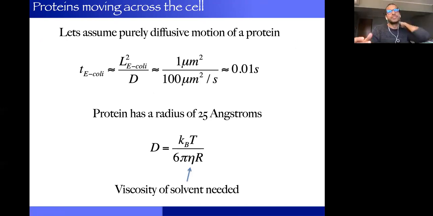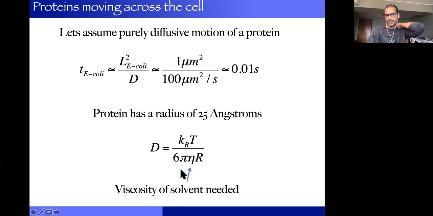The way you estimate the diffusion constant is by using something known as Stokes-Einstein. Stokes-Einstein is one of the simplest hydrodynamic theories, allowing you to relate the diffusion constant of a particle to thermal energy, the size, and the viscosity of the medium in which it's moving.